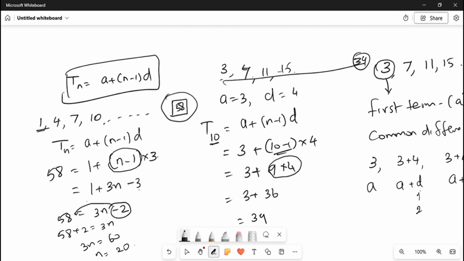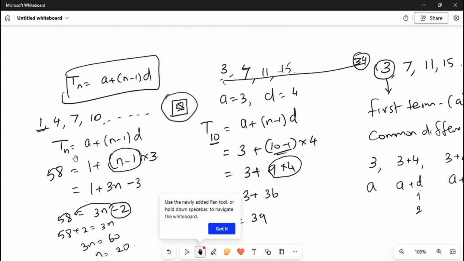So now we studied how to find a particular term in a progression and how to find the position of a number in the pattern. Now let's see. Sometimes you will be given terms without being given a number pattern.